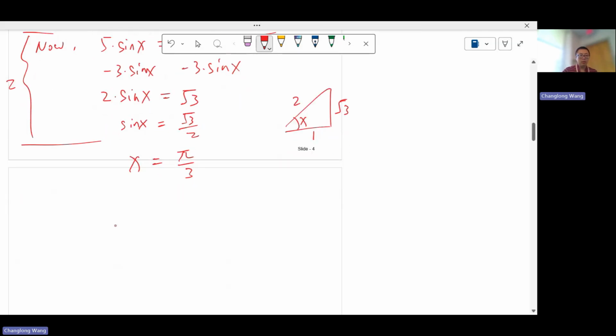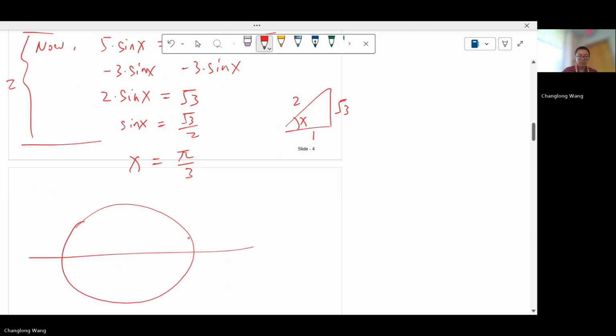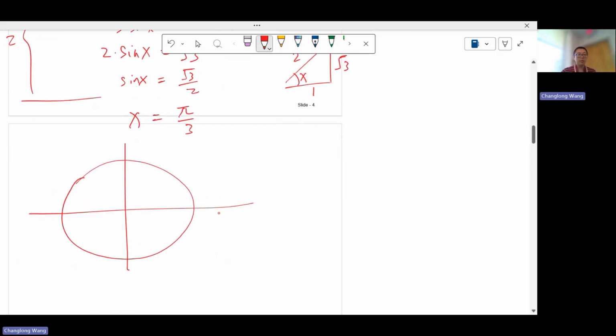Let me draw a unit circle. And I want you guys to remind me, if I'm looking at a point on a unit circle, and let's say the radius connecting that point makes an angle of, let's say, theta.